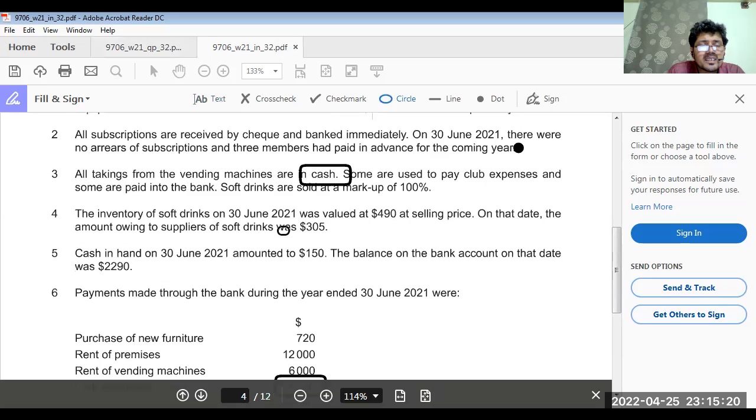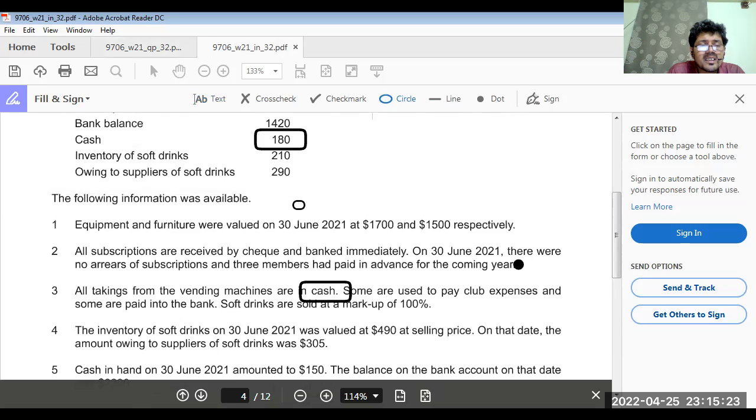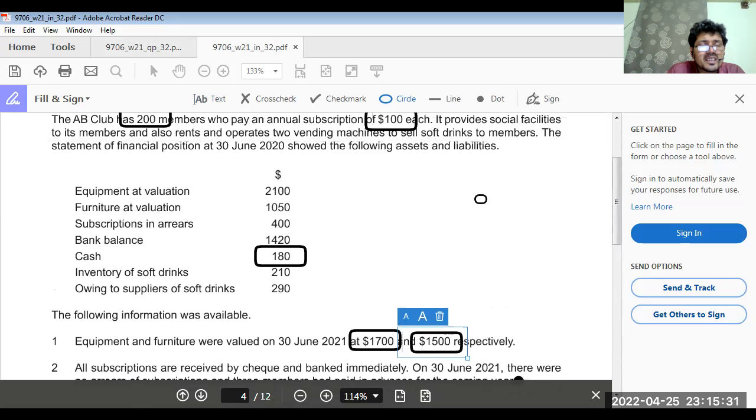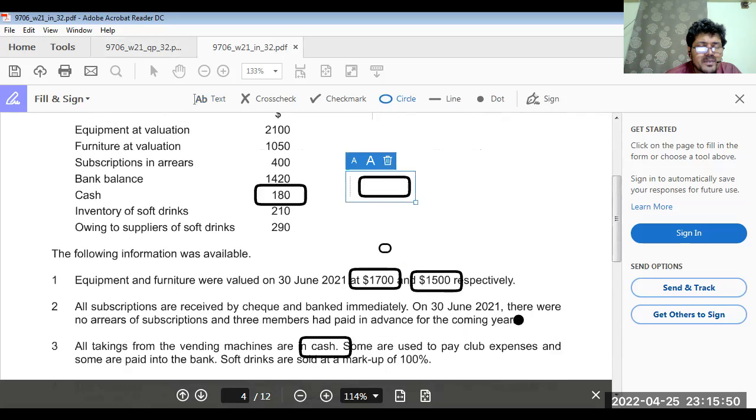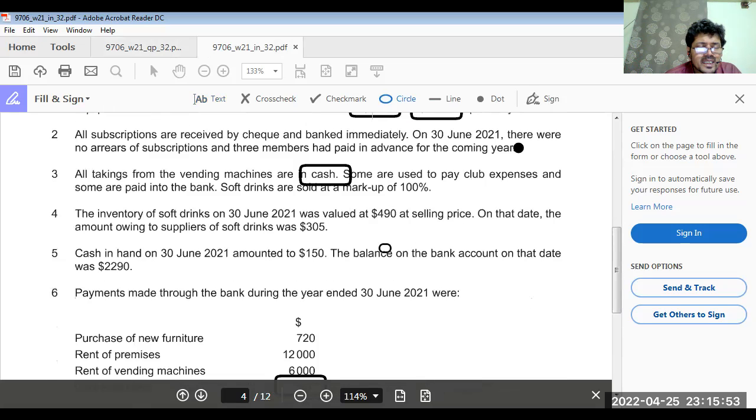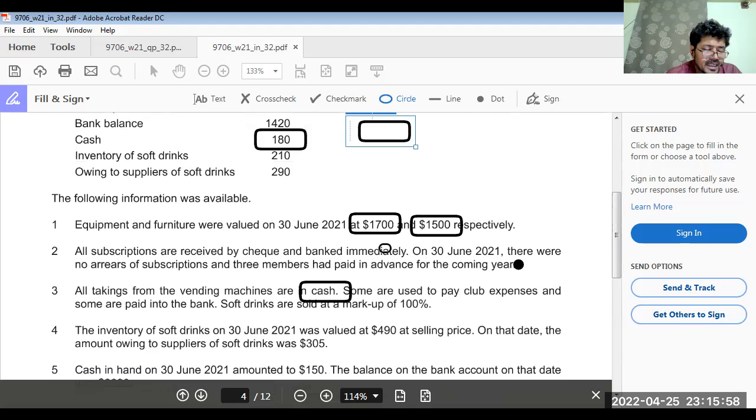Cash in hand. 30th inventory 1,500 and 1,700. Okay, let's see. Equipment valuation is 2,100 minus 1,700. So depreciation is 400 for equipment, and for furniture, at valuation 1,050 is the opening value of furniture. Okay. Purchase of new furniture 720 plus 1,770 and ending minus 50.